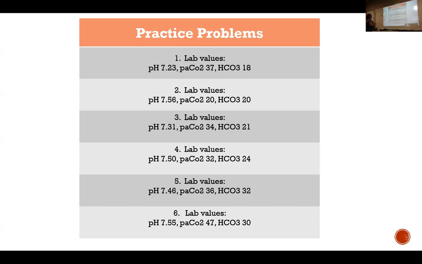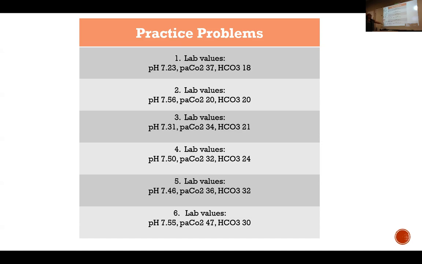Is it respiratory or metabolic? Respiratory, alkalosis, and you said it's uncompensated. Let's go over how you found that, because that's right. How do we know that it's a respiratory issue? The CO2. The CO2 is abnormal?